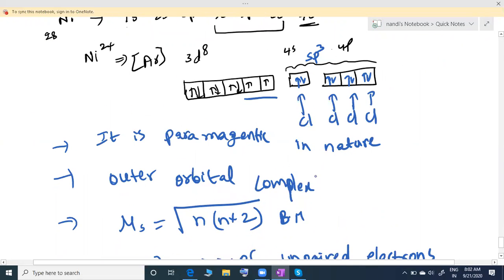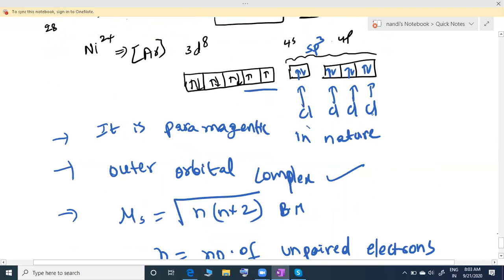Only outer orbital participating means outer orbital complex. If a d orbital inside participates, then we say inner orbital complex. After complex formation, I checked whether any unpaired electrons are there. I found unpaired electrons, so it is paramagnetic in nature. Then we calculate the paramagnetic character using this formula.